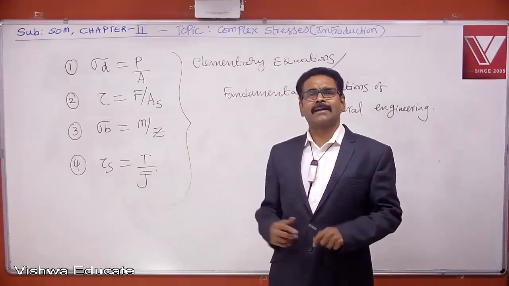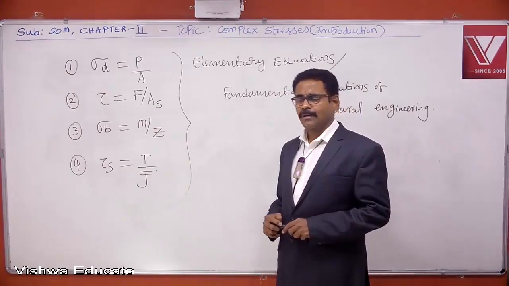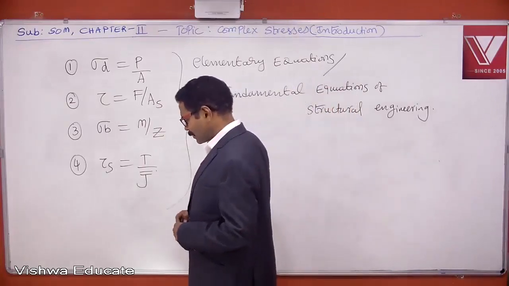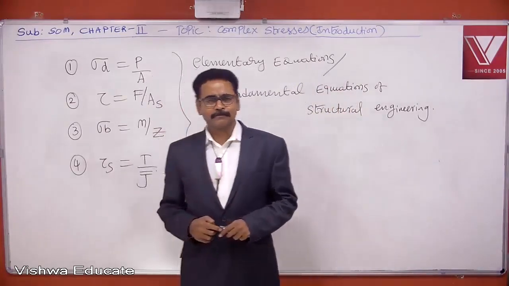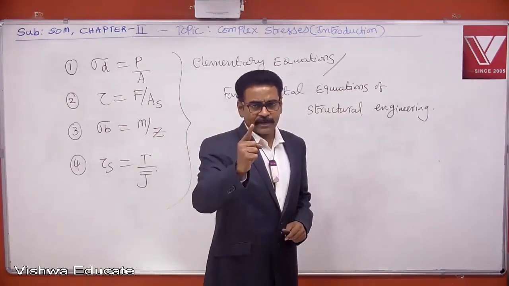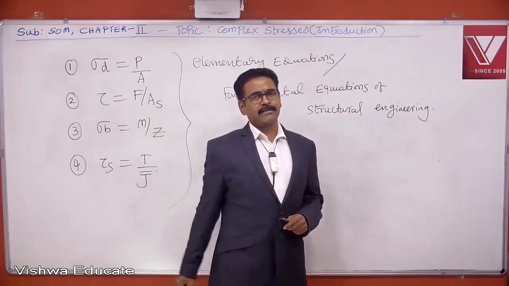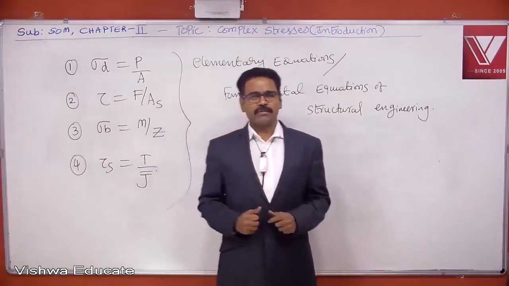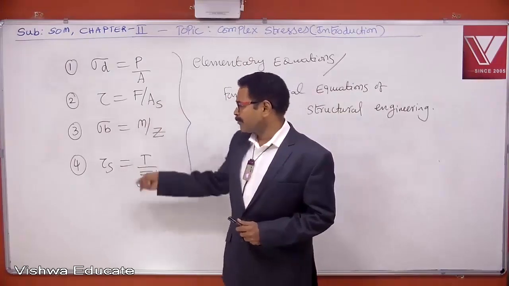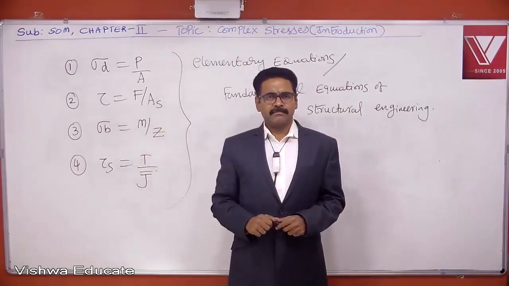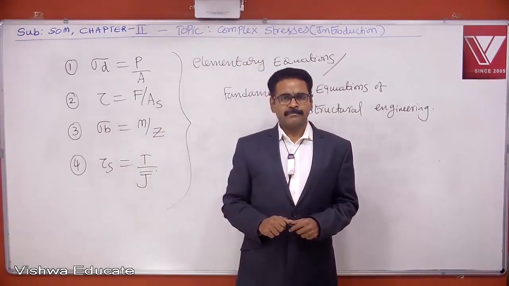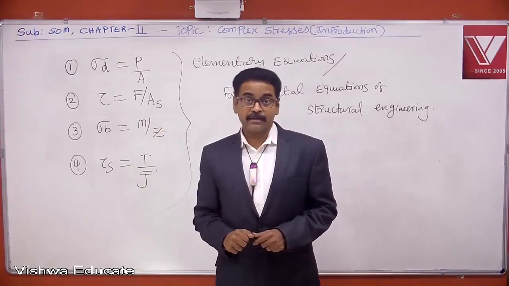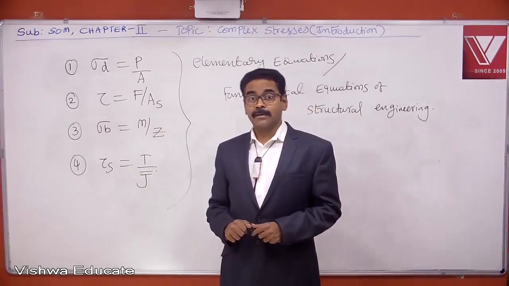All loads are acting on the structure. When a structure carries multiple loads, is individual effect important or resultant effect important? Which is more important? These four formulae are giving individual effect. We require resultant effect.